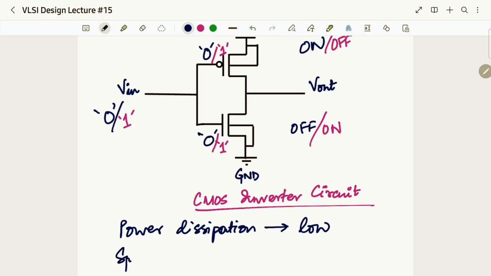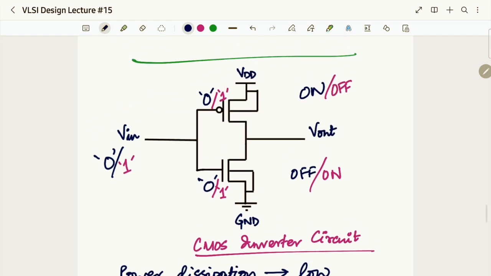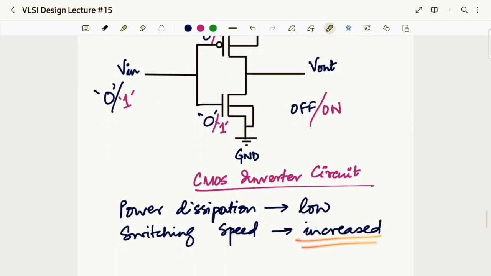What about switching speed, or by what time we will get the output? That is known as switching speed. So it will be increased, because here I am deciding which of my circuits, either load or driver, will work. If load is working, driver is off. If driver is working, load is off. So my switching speed, by what moment I will get the output, will be taken care of in a speedy manner, better than the predecessors.